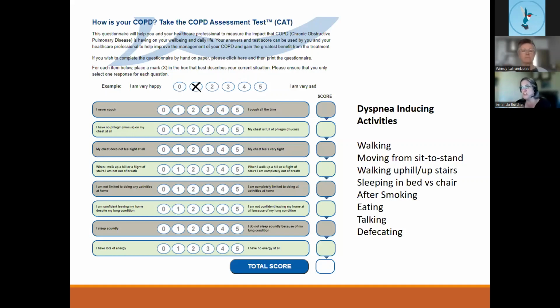So when you do an intervention, maybe a few weeks later, you administer the CAT score again, and you see whether you've had improvement in their score level. It looks at things like cough, phlegm, chest tightness, walking up a hill, energy, etc. You score them based on their rankings, put in a total score, and then you can monitor their scores over time.